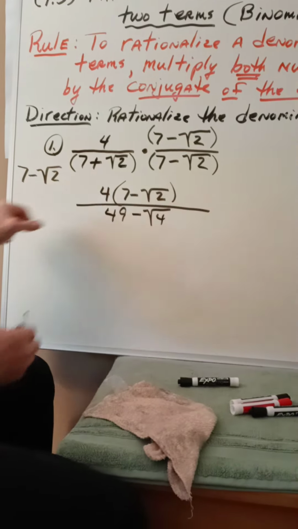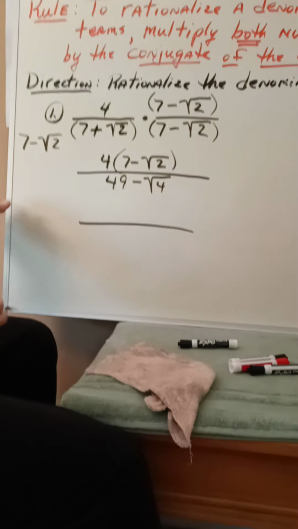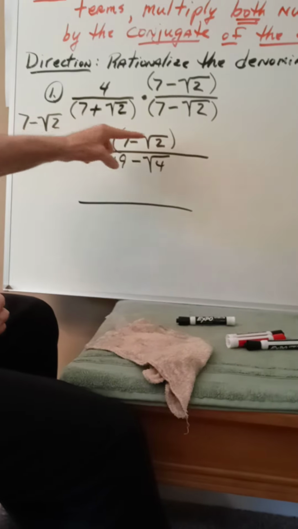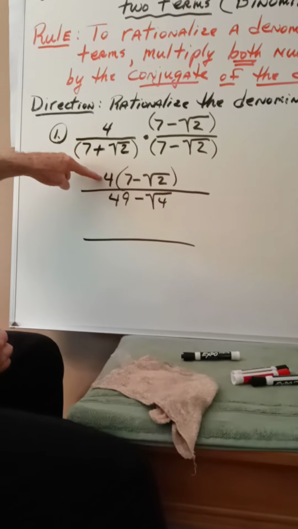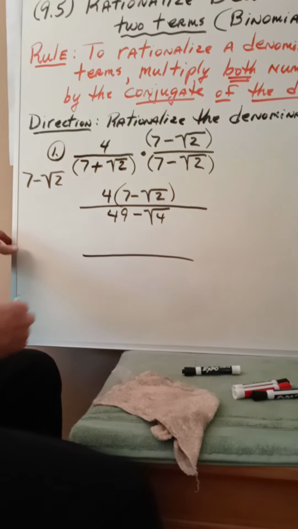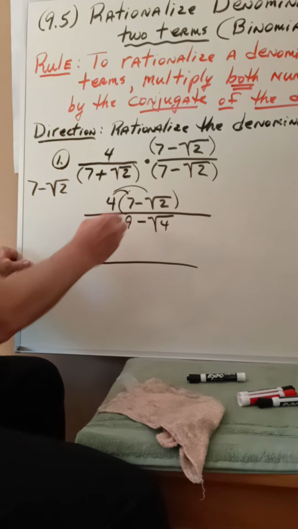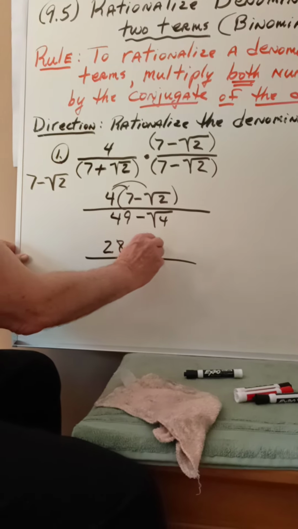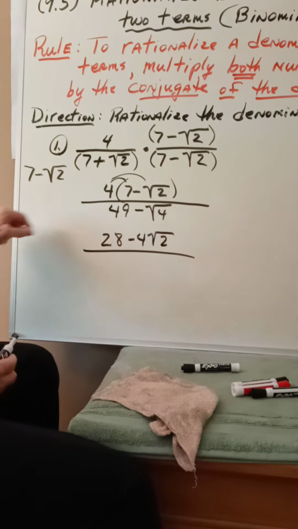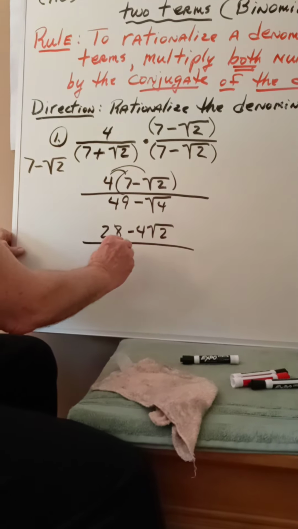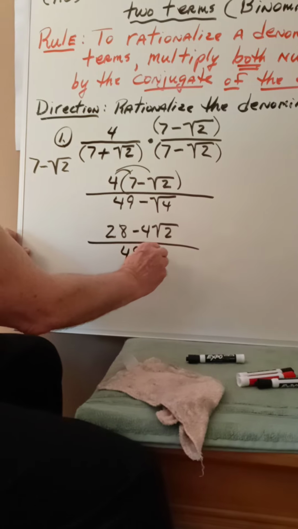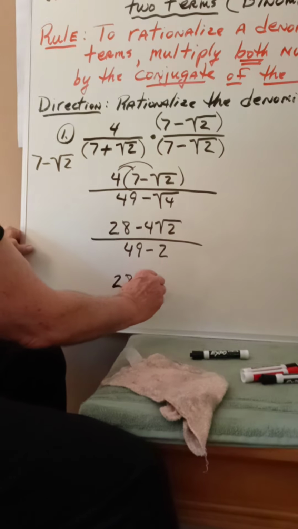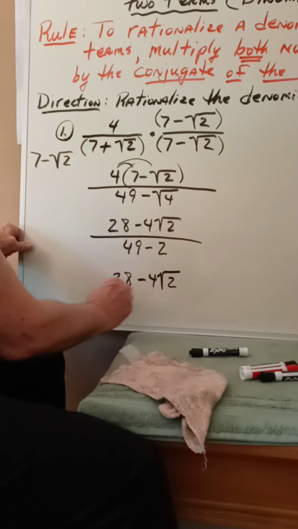Now, go back and we'll bring down a bar. We will go ahead and distribute this. You actually would not need to do it at all, but we'll go ahead and do it. 4 times 7 would give 28, negative 4 root 2. And on the bottom, we would have 49 minus 2. And our answer would be then 28 minus 4 root 2 over 47.